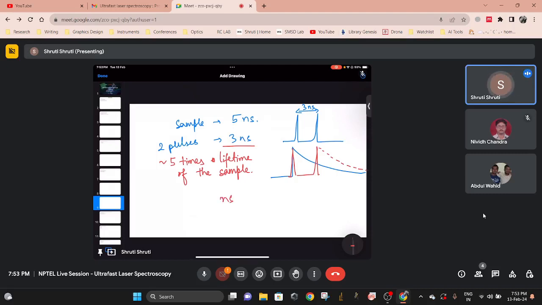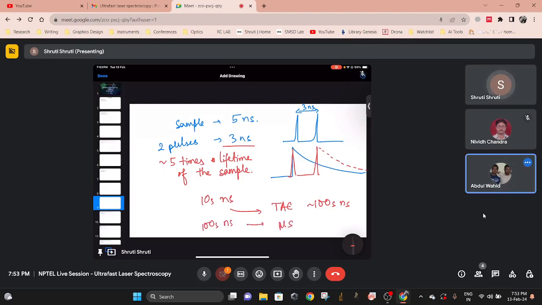If it is in tens of nanoseconds, you keep your TAC range in hundreds of nanoseconds. If your lifetime is in hundreds of nanoseconds, you keep your TAC range in microseconds. So this is what we use delay for.